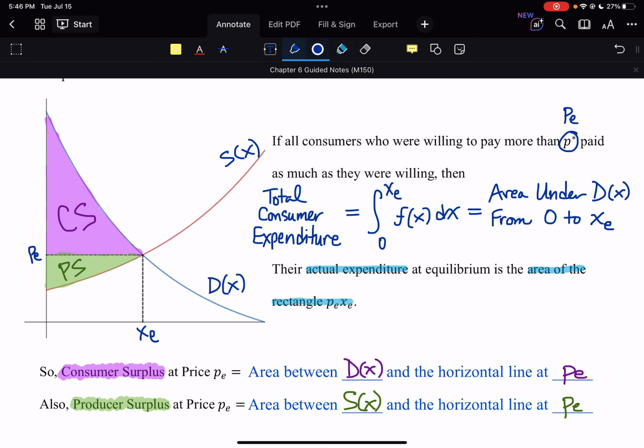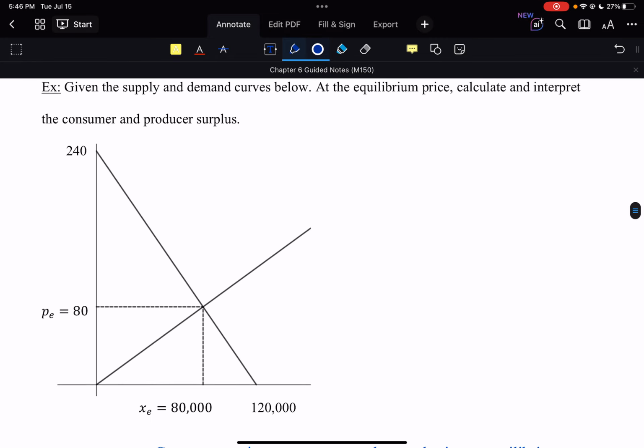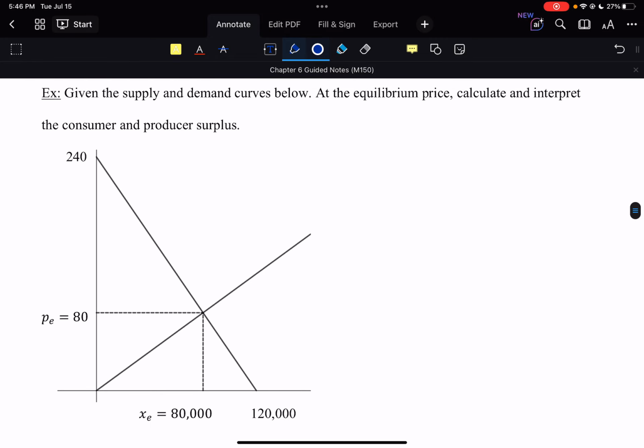So let's take a look at an example with some actual numbers in it. Given the supply and demand curves below, at the equilibrium price, calculate and interpret the consumer and producer surplus. For this one, these are straight lines. So we don't even really need to get into the integration just yet, because when we're dealing with straight lines, all of these areas are geometric.